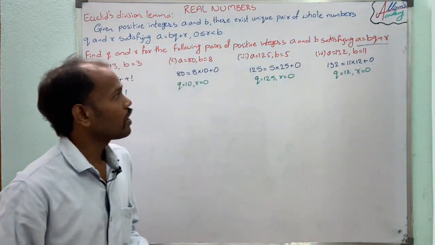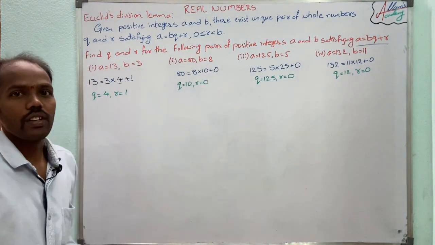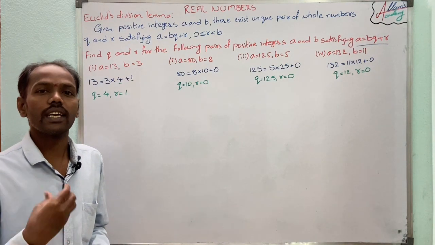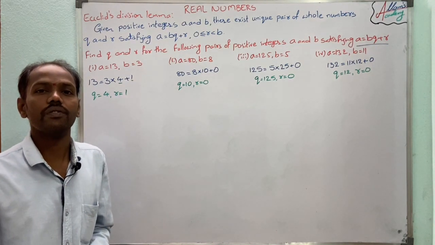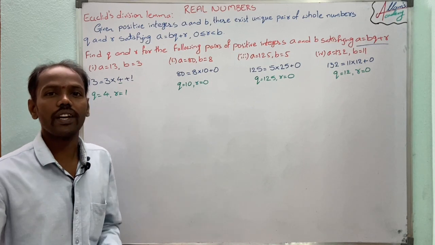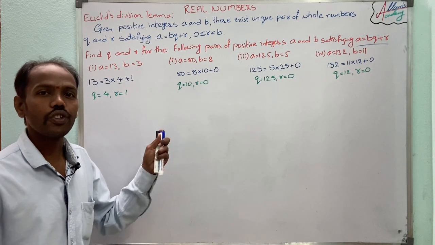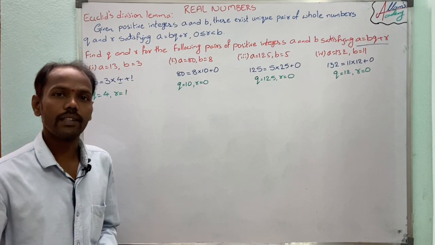Now in this model we find the HCF of the given numbers. Now we see how to find the HCF of the given numbers by using Euclid's division lemma.